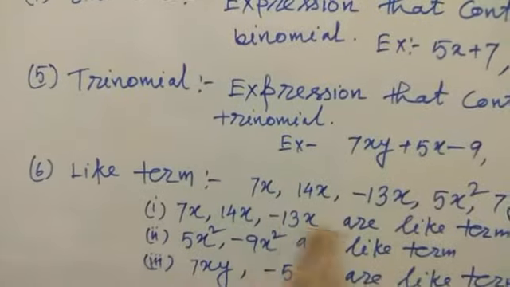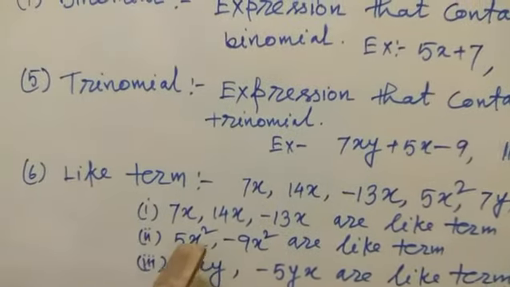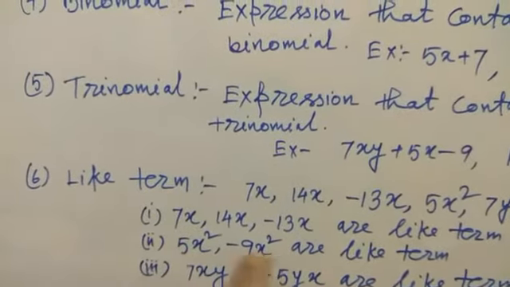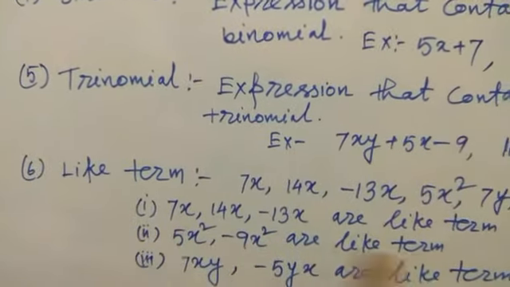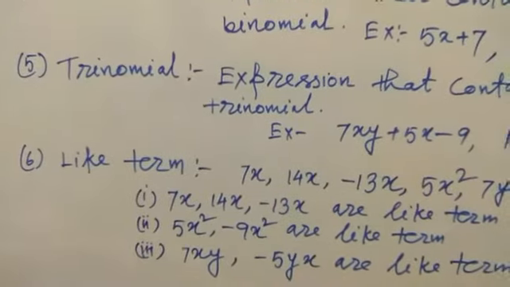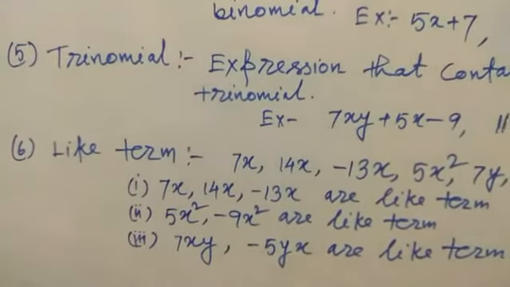So these three terms are like terms. 5x square and minus 9x square, the literal coefficients are x square and x square. So these two terms are like terms, and these two terms are also like terms.